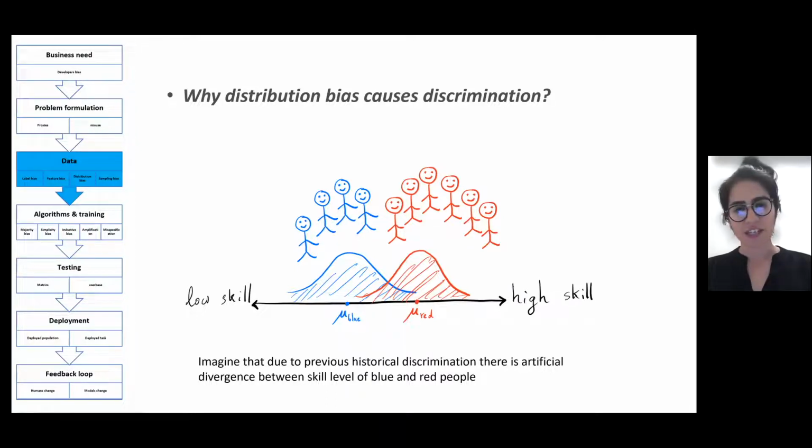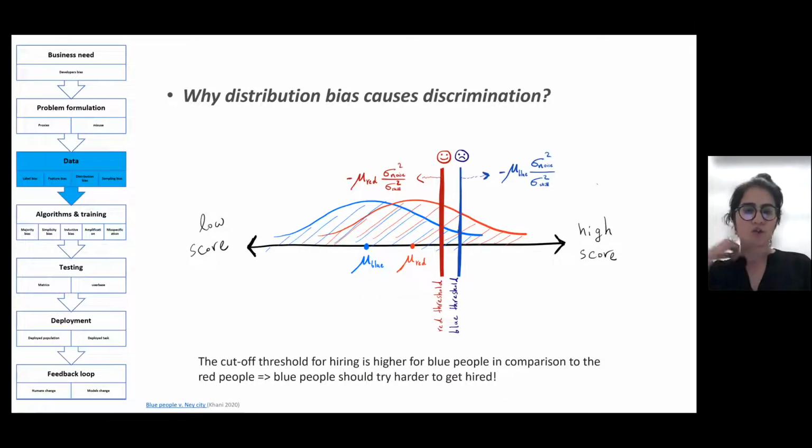The exam is a noisy version of the skill level, and the optimal threshold is inversely related to the average score. So if I calculate the threshold, I would have some threshold like this, where the blue threshold is actually larger than the red threshold.